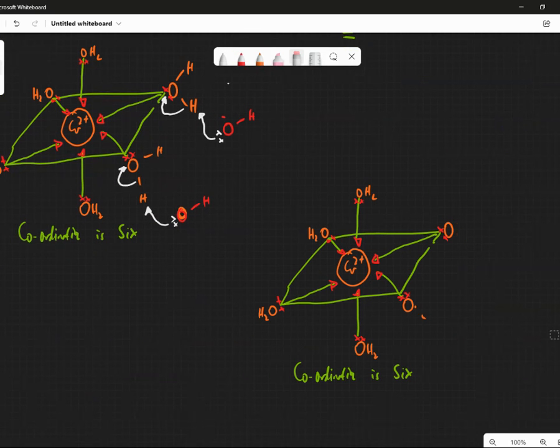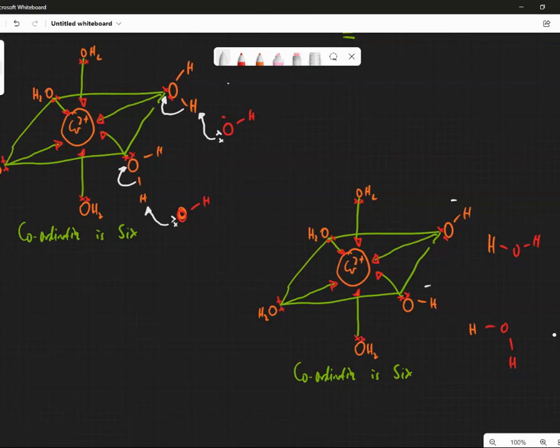Let's add the H and the H. Now the two protons have gone. This proton has gone, and this proton has gone, and it joins this OH to form water. But these are now OH minus ions, aren't they? Because they took the bonding pair.